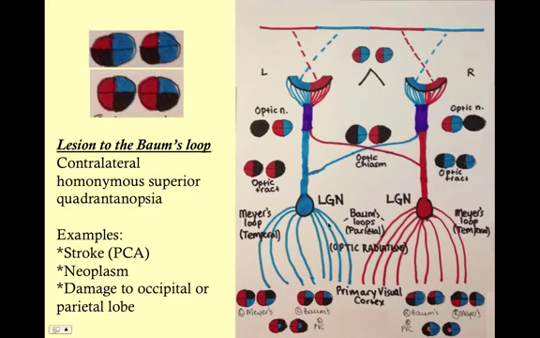So if you have a defect to the left Baum's loop, you're going to lose your lower right visual fields from both eyes. Examples of this could be stroke to the PCA, because that is primarily what's innervating the parietal lobe, neoplasm, or damage to the occipital or parietal lobe.